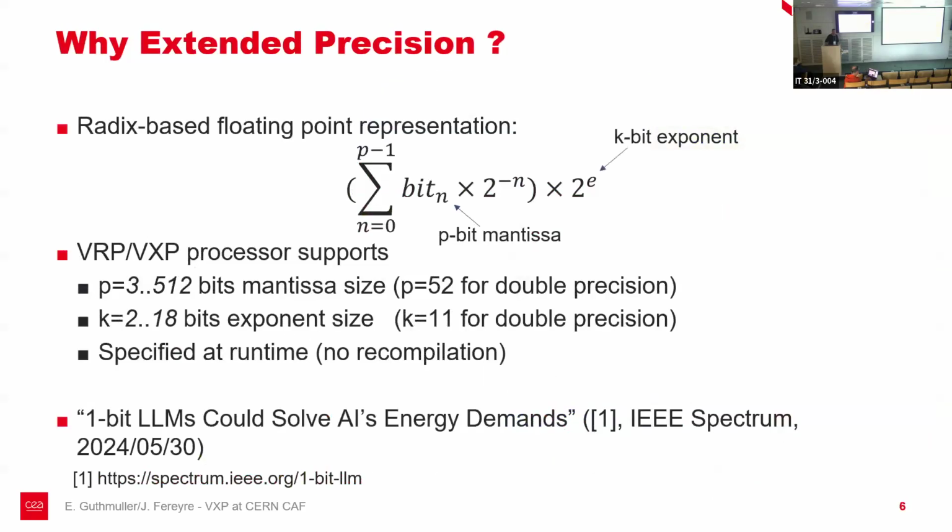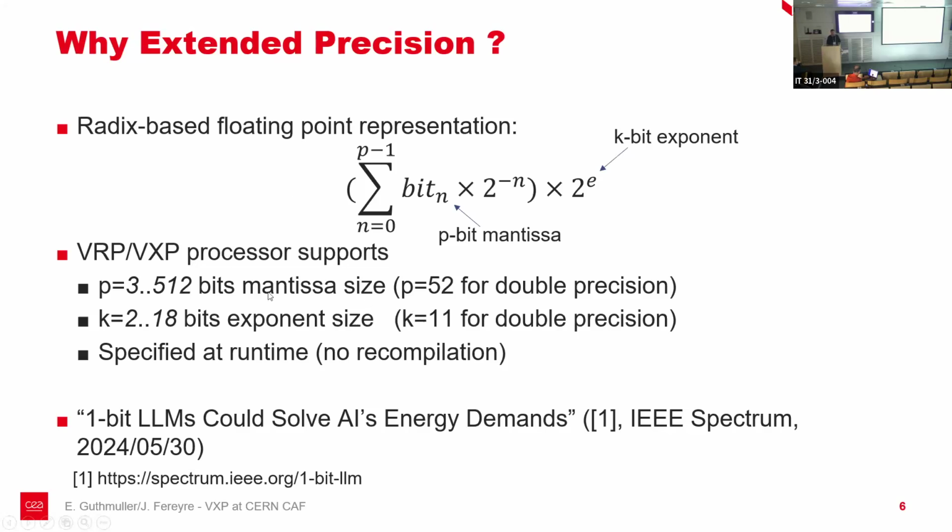So first, why extended precision? You probably know the radix-based floating point representation that is used in hardware. You have your mantissa, which is on p bits, and your exponent. For double precision, you have 52 bits of mantissa and 11 bits of exponent.